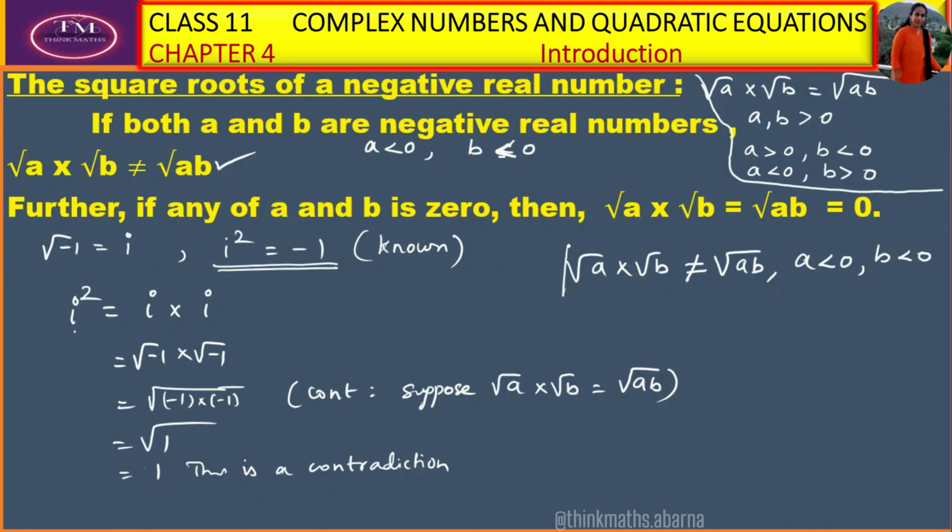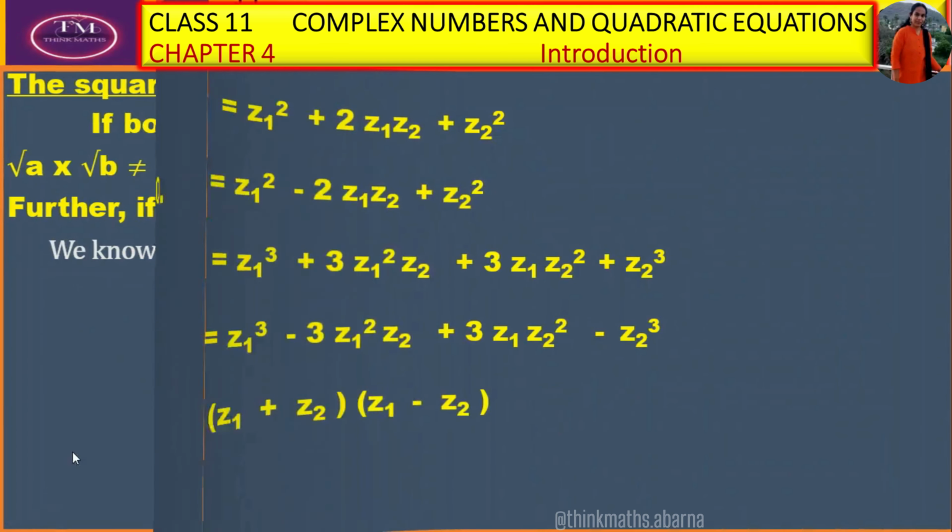You have to remember this concept. This equality holds for all other types: if both A and B are positive, or if one of A and B is positive. If both are negative, it doesn't hold. Clear, children?